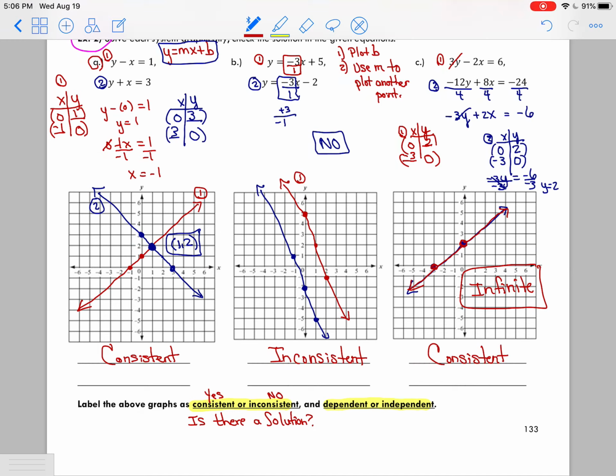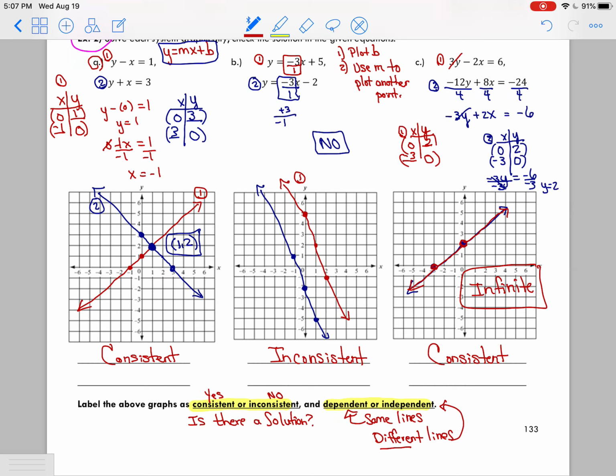Okay, now the dependent or independent, remember, is really talking about whether we have the same lines or different lines. If we have the same line, we're talking about dependent, right? Because they definitely depend on each other. Different lines are independent.